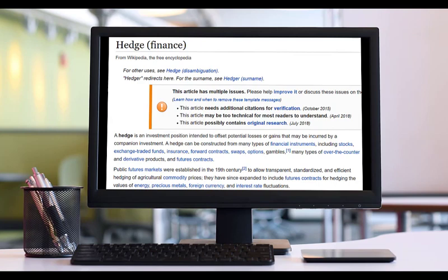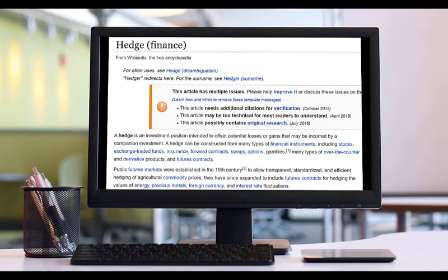Let me first define what a hedge is from Wikipedia. A hedge is an investment position intended to offset potential losses or gains that may be incurred by a companion investment.